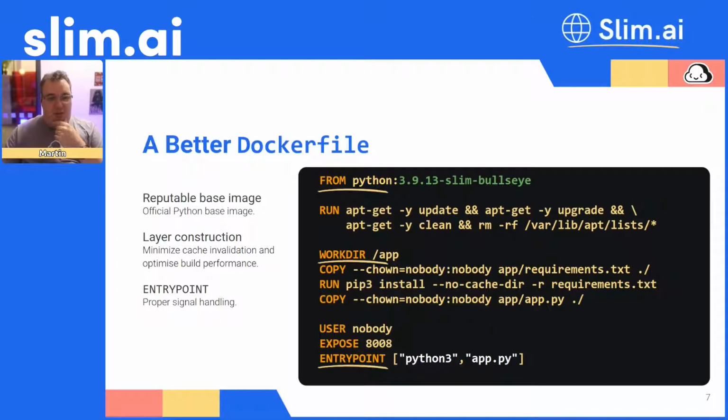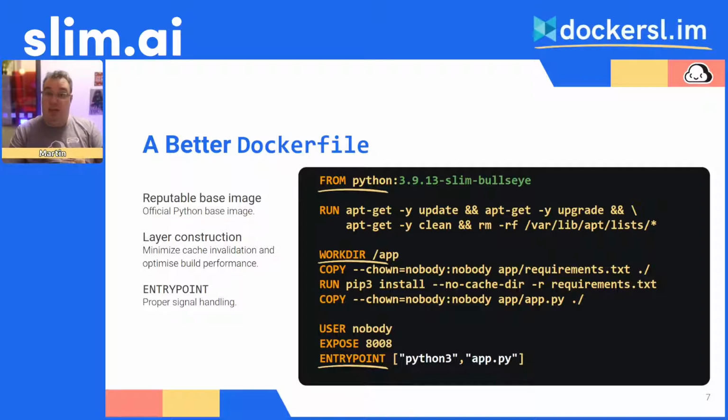So what I think we'll do is we'll go through this and then we'll look at one real example. This Docker file, the one you're looking at right now, adheres to container best practice. It uses an official Python base image. It has a work directory defined for our application.